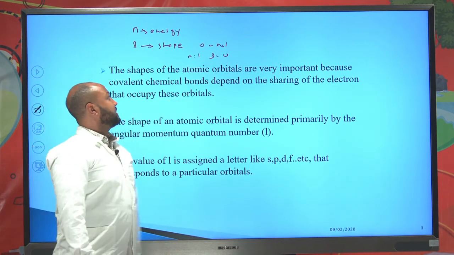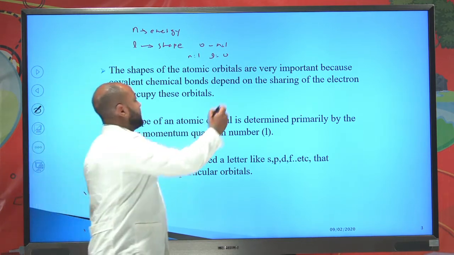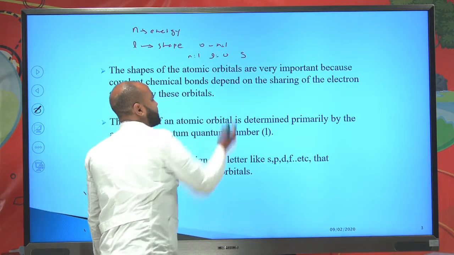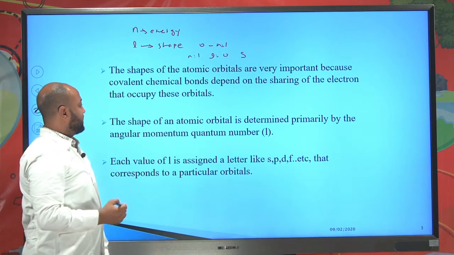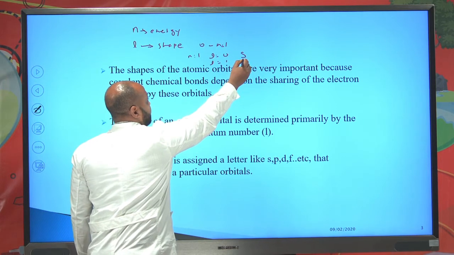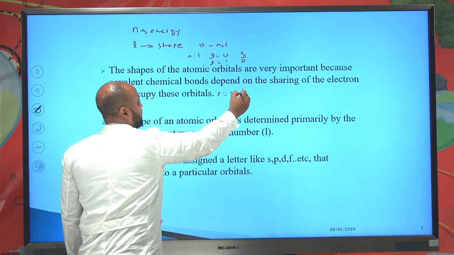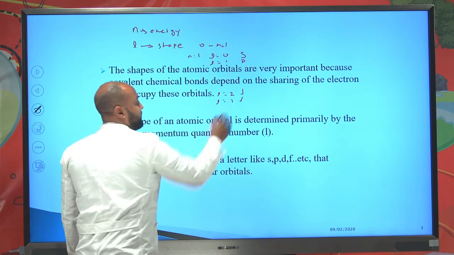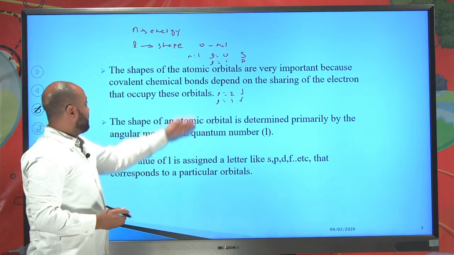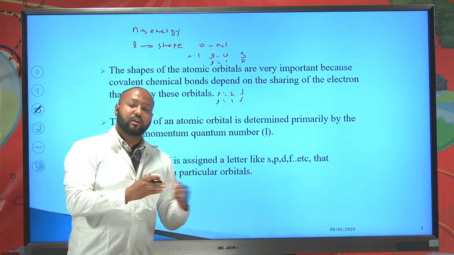But this L value, if it is 0, it is the S subshell. If the L value is 1, it is P. If the L value is 2, it is D, and if L is 3, it is F, and so on. Based on this, the L value tells us the shape of an orbital.